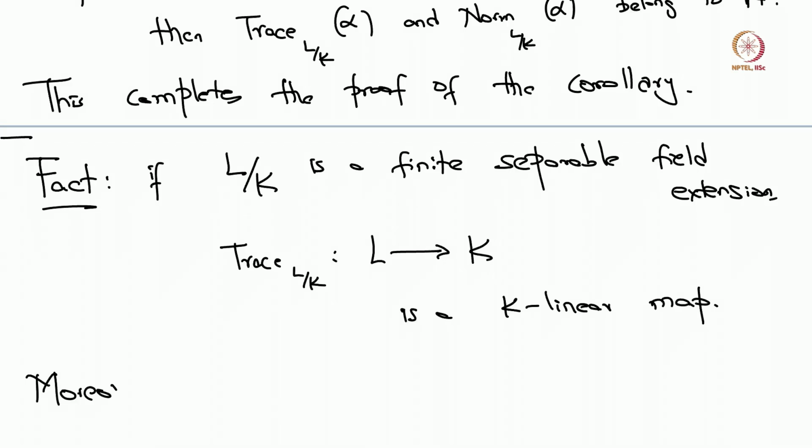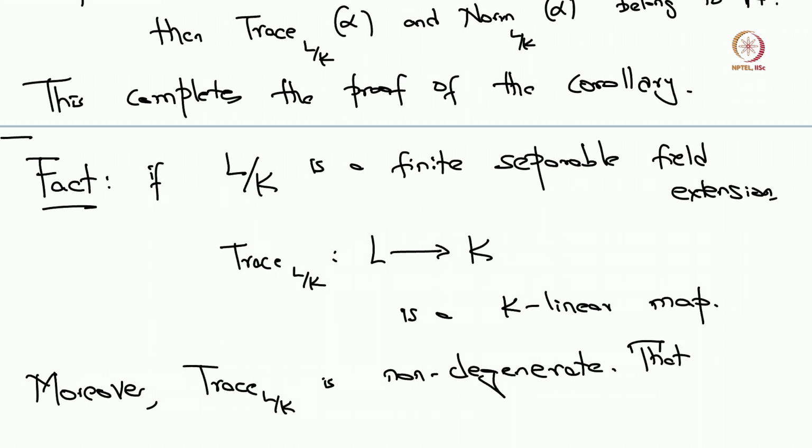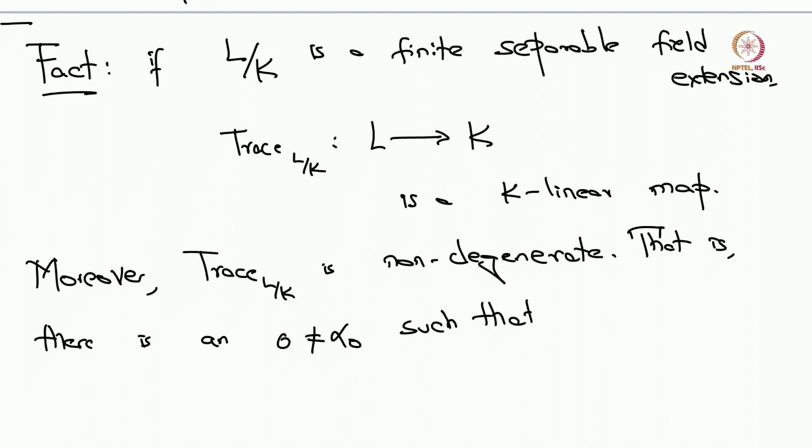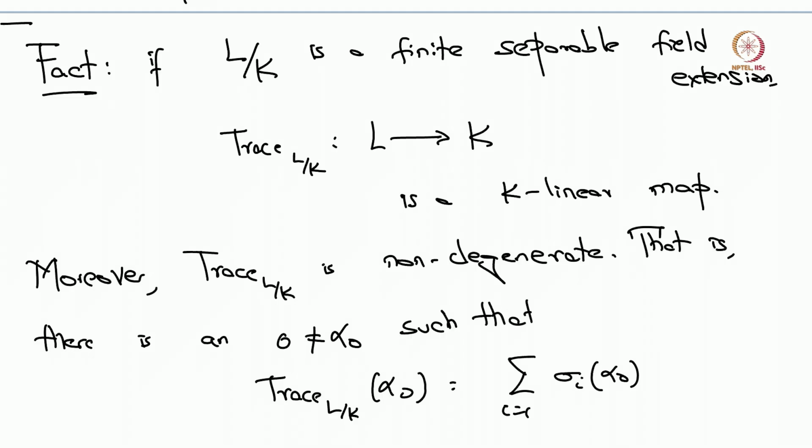Moreover, the fact that I want to recall is that this map is non-degenerate. That is, there is an alpha, let me call it alpha naught, that's non-zero, with the property that the trace of this element, which is the sum of its conjugates, is non-zero.